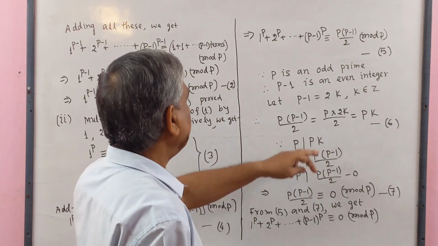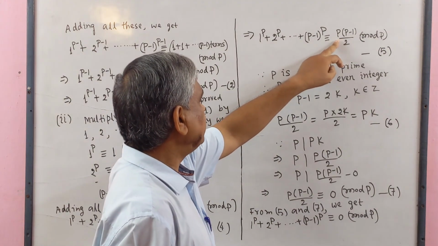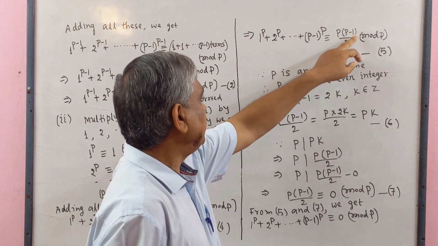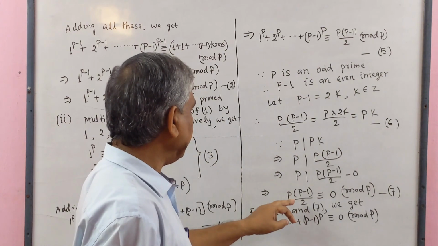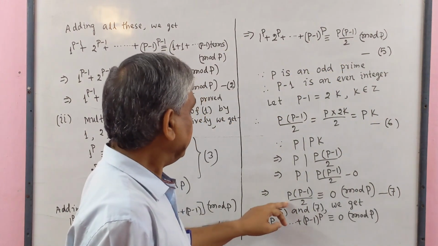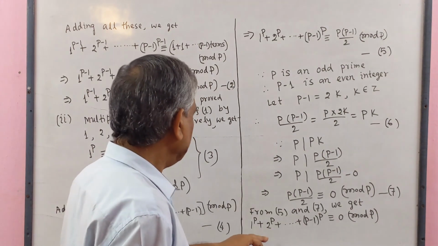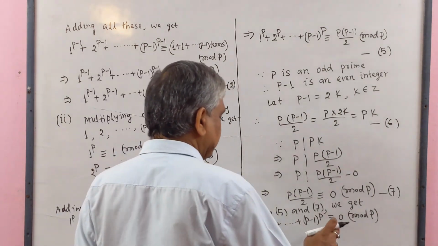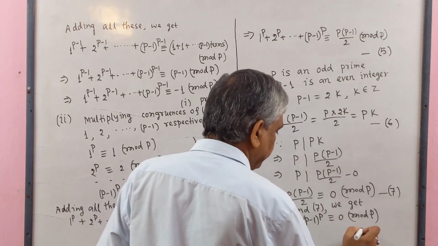Since on the right side we see p multiplied by p minus 1 over 2, and on the left side we see the same number, we get this result. Therefore, proved.